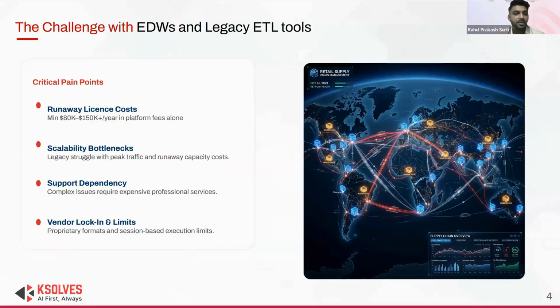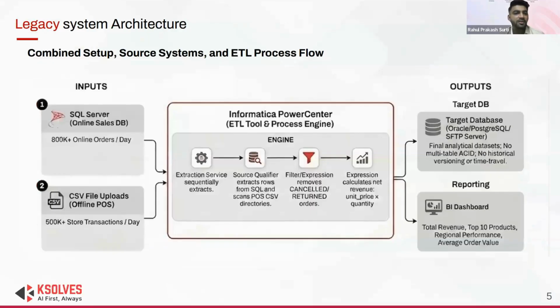Let's discuss these pain points with the help of this legacy system architecture, in which Informatica PowerCenter is being used. This is one use case, but we can consider it with multiple enterprise platforms as well. This is the standard ETL setup in which you have, suppose, an online application that dumps transactions directly into the database.